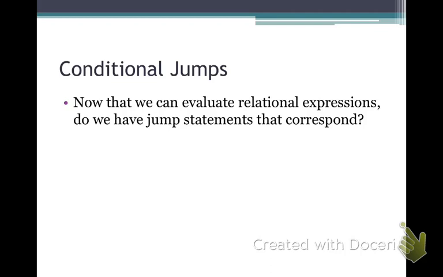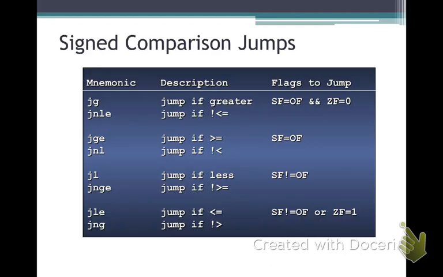So I need to be able to evaluate other conditional jumps. So here we look at the relations. Jump if greater, let me show you these. Jump if greater, which is the same as jump if not less than or equal.